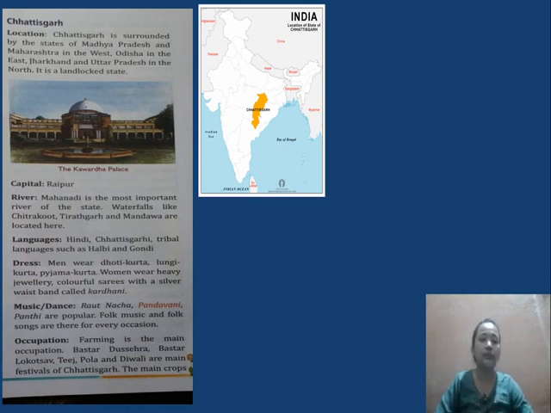Now the dresses. The men wear dhoti kurta, lungi, and kurta pajama, and the women wear heavy jewelry and a colorful sari with a silver waistband called a kamarband.